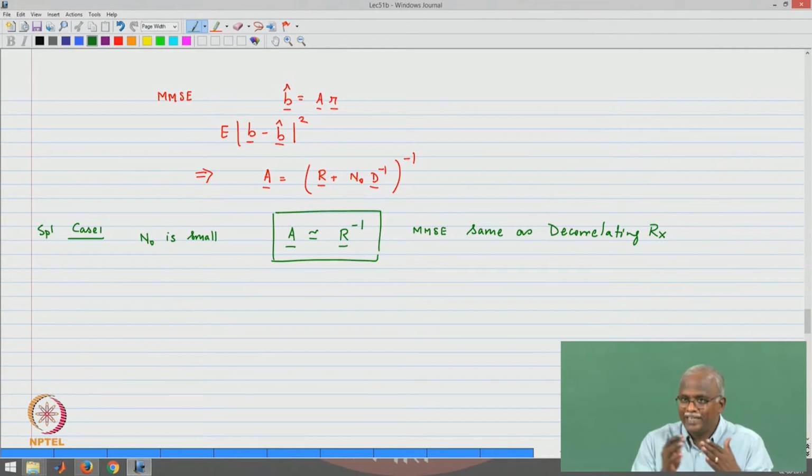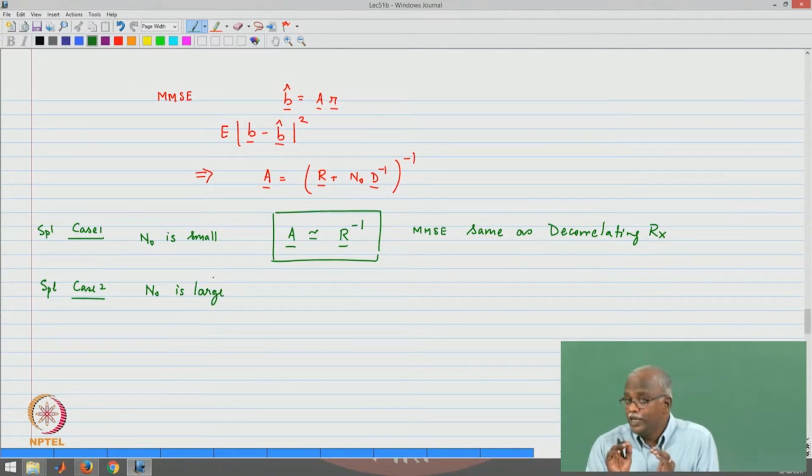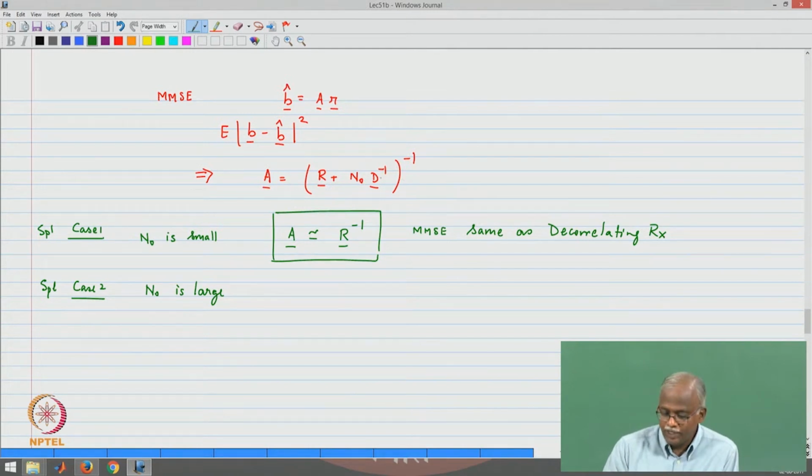Now, of course, we take the other extreme, where special case number 2 says that N naught is large. So this is the case where the decorrelating receiver will not do a good job, because it will end up further magnifying the noise. Now, notice that if you were to have this expression, N naught becomes large. So therefore, between R and N naught D inverse, the second term dominates.